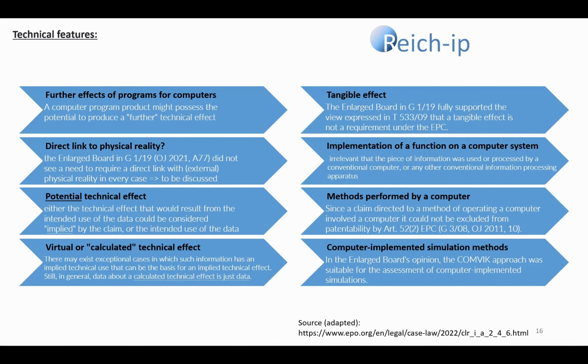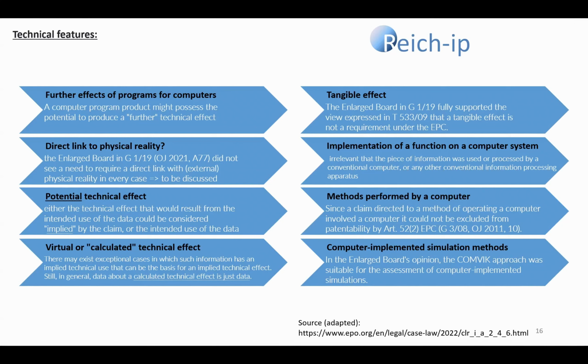And regarding the last error, the computer implemented simulation methods, they were also of the opinion that it could be enough if the simulation has no technical link to real world hardware components.